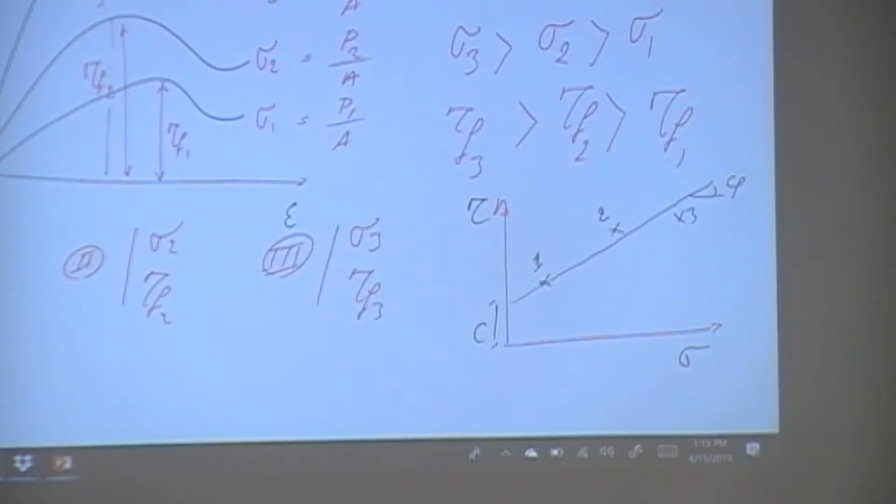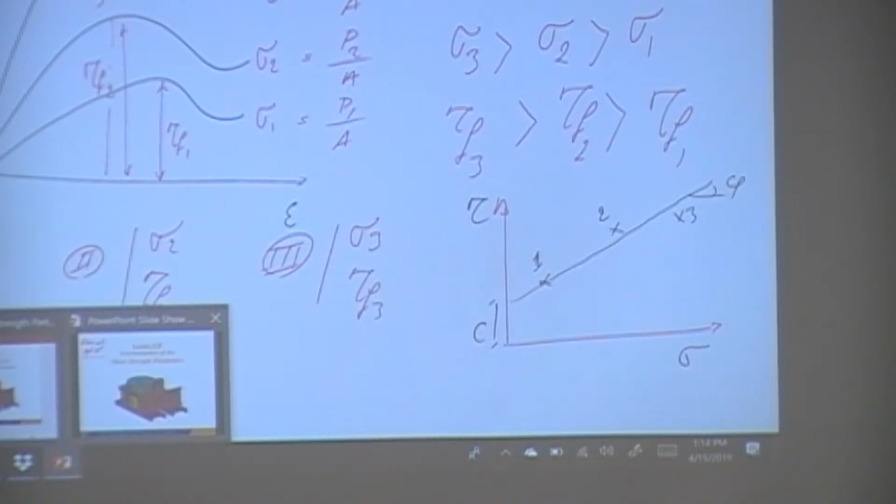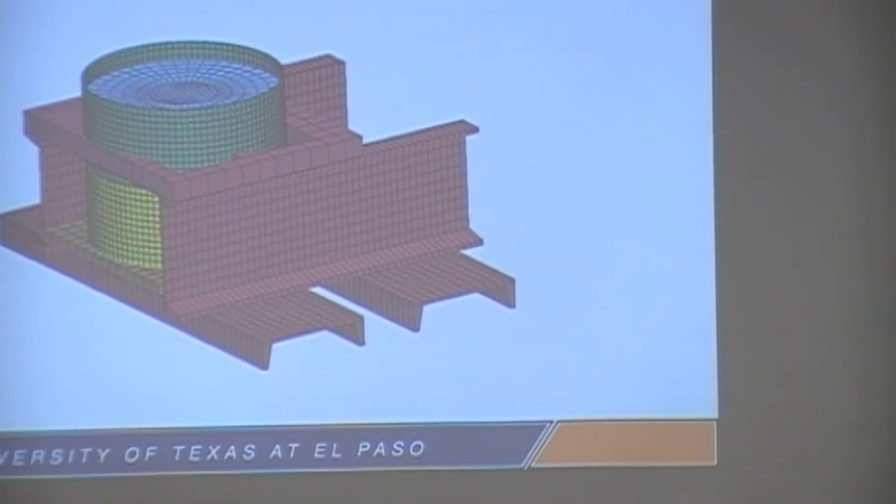If in your senior design you're supposed to determine the strength of your material, in your geotechnical report you have to report the C value and phi value. That's basically what you have to do when you're looking at the strength of the material. So that's basically the general concept behind the direct shear test.